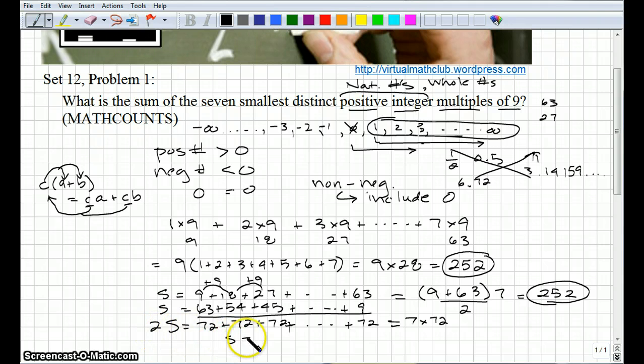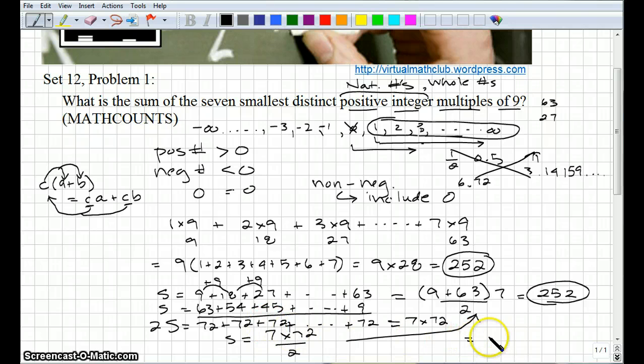So S is going to be equal to 7 times 72 all over 2, which is the same thing that we have here, right? It's because 63 and 9 is 72 times 7 over 2, and that's where this formula comes from, by doing something like this.